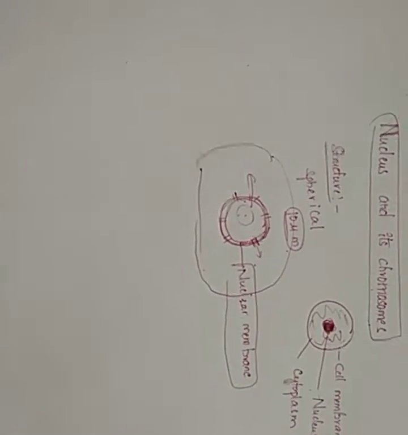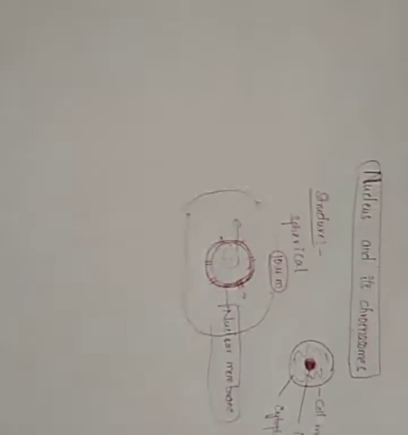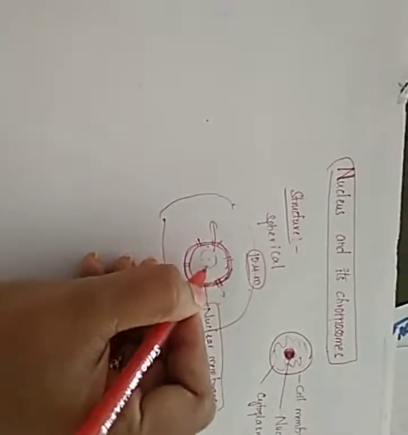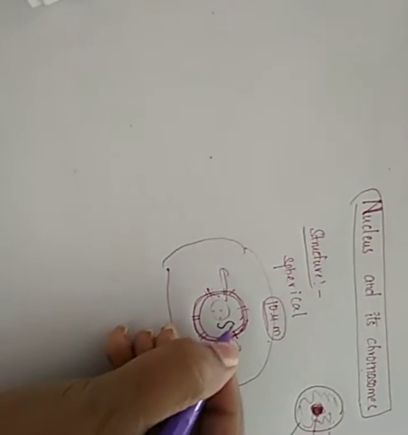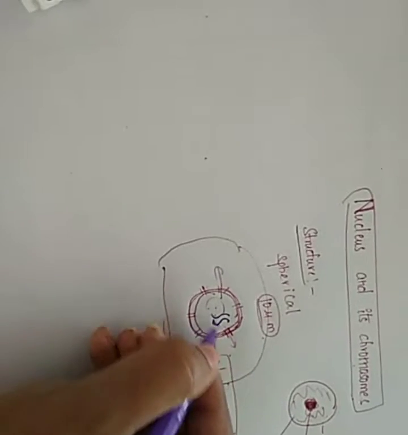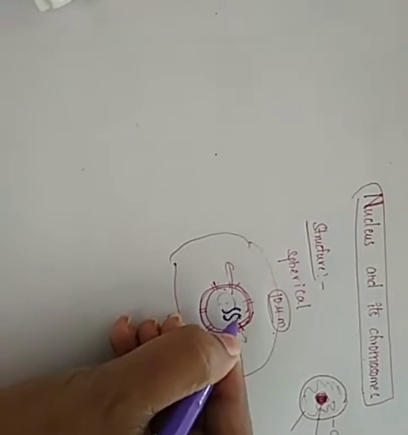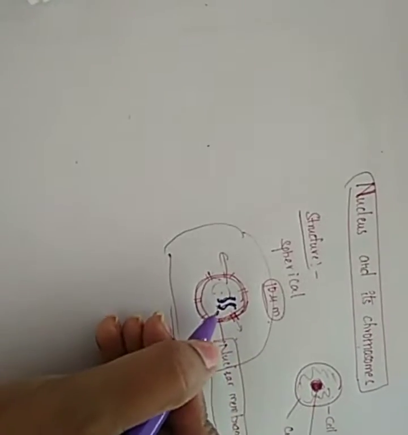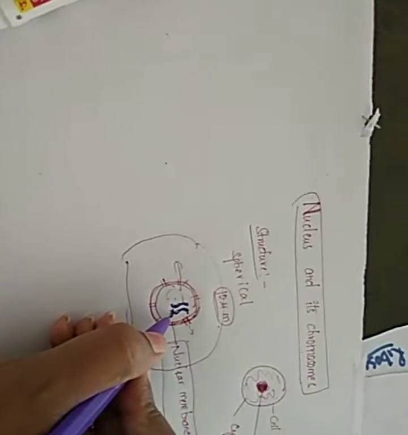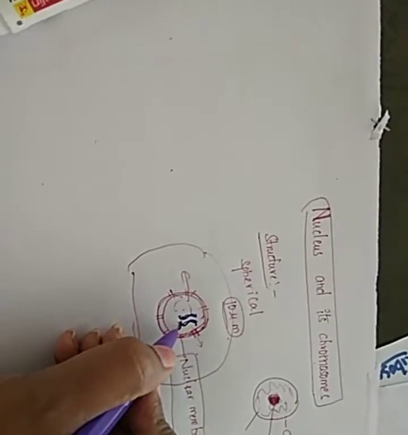Now, the inner constituents of the nucleus are the chromosomes. S-shaped or helical structures are the chromosomes.